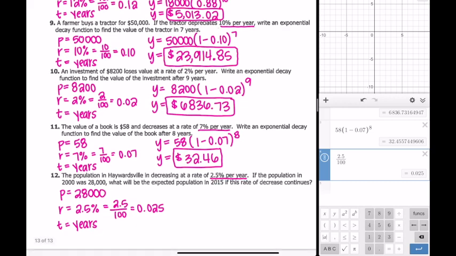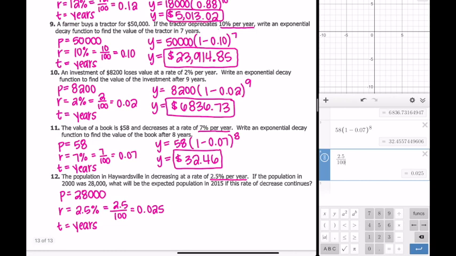All right, well, let's go ahead and think about what T is going to be. So we were given the initial population in the year 2000, and we want to know the population in 2015. So that's going to be 2015 minus the year 2000, which is going to be 15 years. Okay, so our equation, y equals the initial amount, 28,000, times the base, which is 1 minus the rate percentage, which is 0.025, raised to the power 15 years.